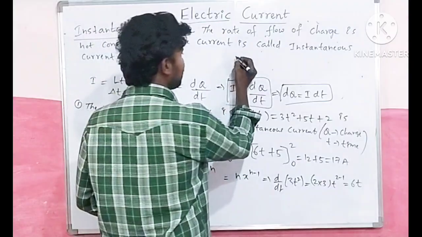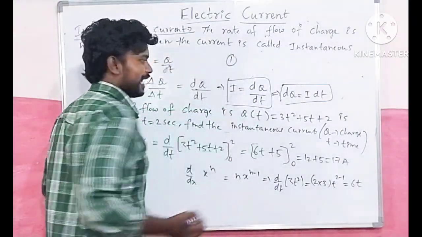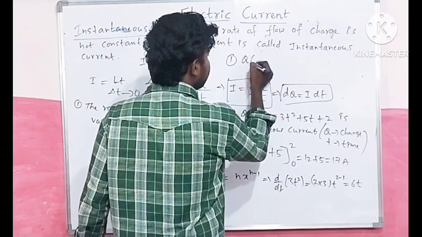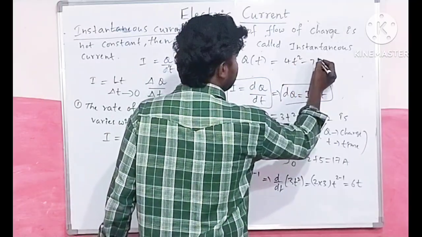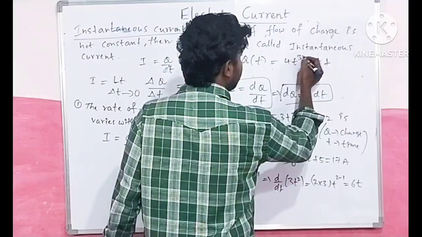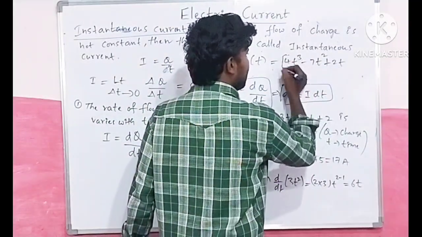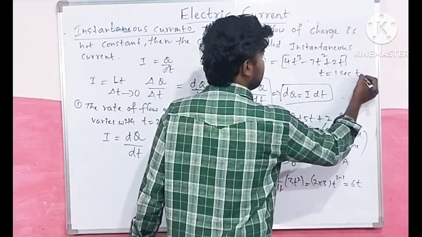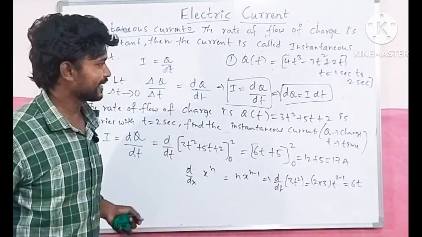Here I am giving one numerical question for you. You can solve it and put the answer in the comment box. The charge Q(t) equal to 4t cube minus 7t square plus 2t, with time varying from t equal to 1 second to 2 seconds.